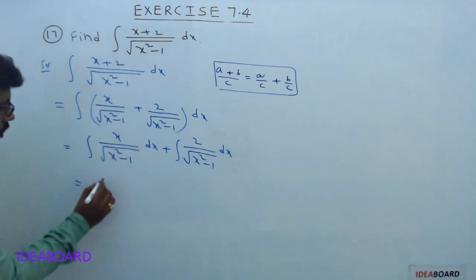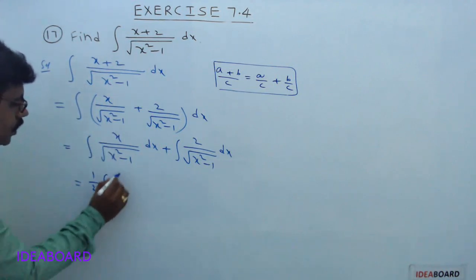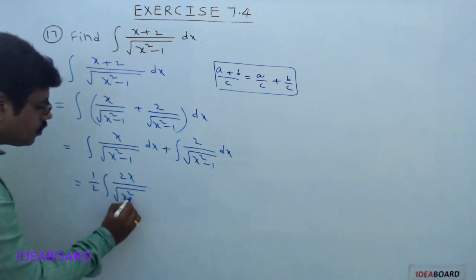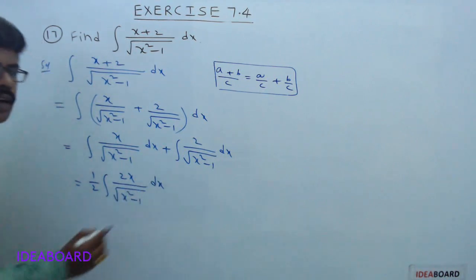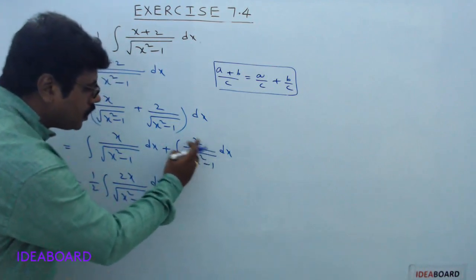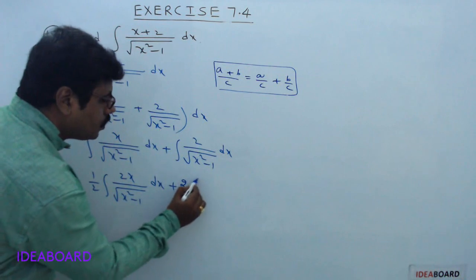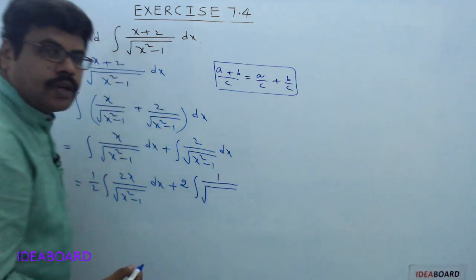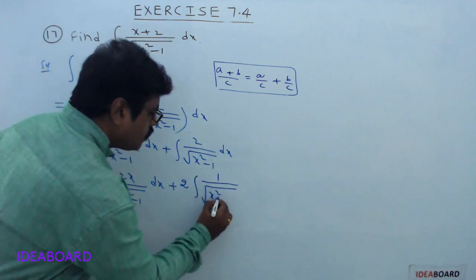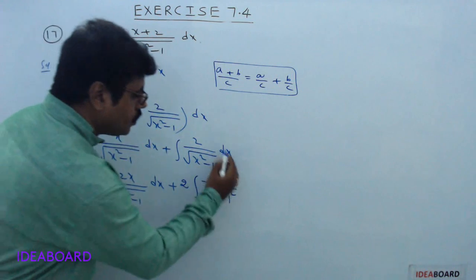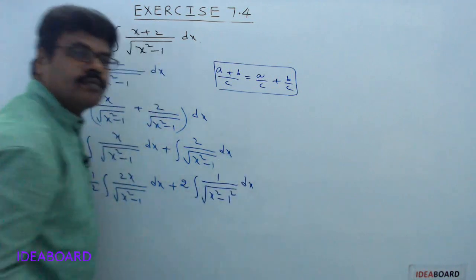So it is 1 by 2 into integral of 2x divided by root of (x² − 1) dx, plus, here 2 is the constant term, so you can take it outside the integral: 2 into integral of 1 divided by square root of (x² − 1²) dx.